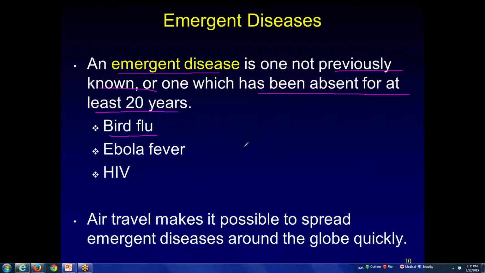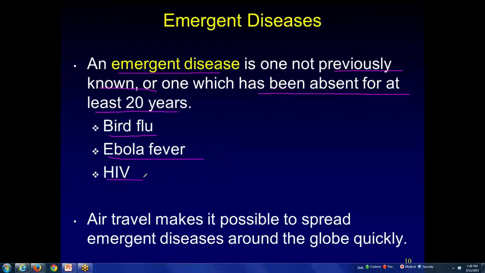Global transportation helps a lot of this stuff to spread. We used to only have about 3 million people traveling by air, say in the middle 20th century. Now we see 300 million people flying in airplanes on a regular basis, spreading these diseases.